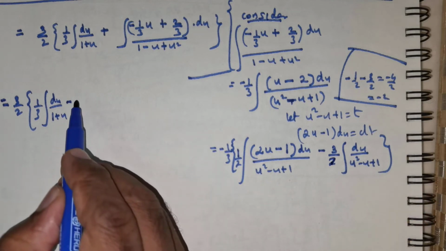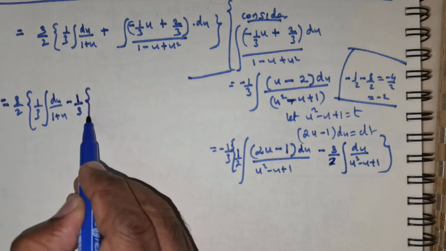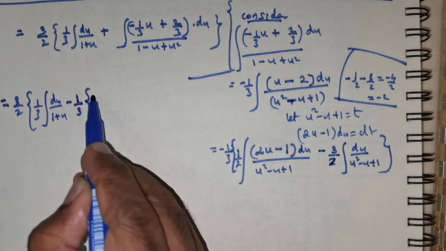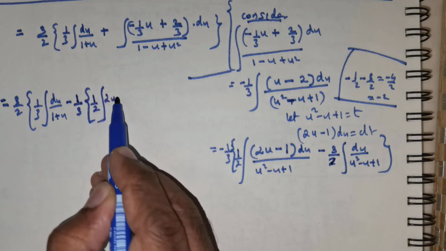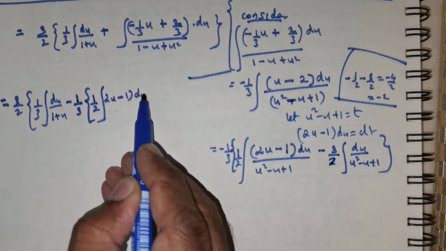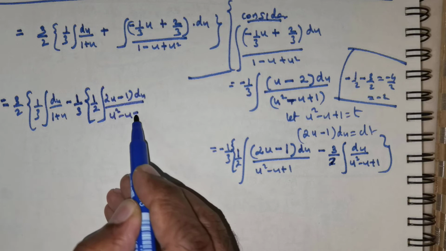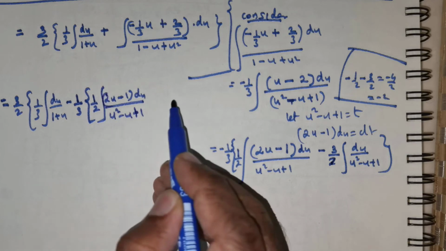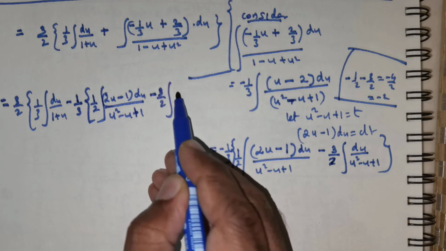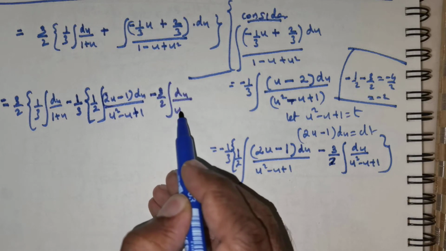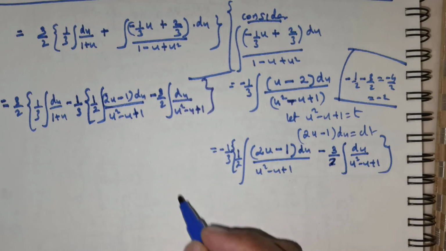So this is going to be negative 1 over 3 parenthesis 1 over 2 times integral 2u negative 1 times du divided by u squared negative u positive 1. This is one part, followed by negative 3 over 2 integral du over u squared negative u positive 1. This is the next part.